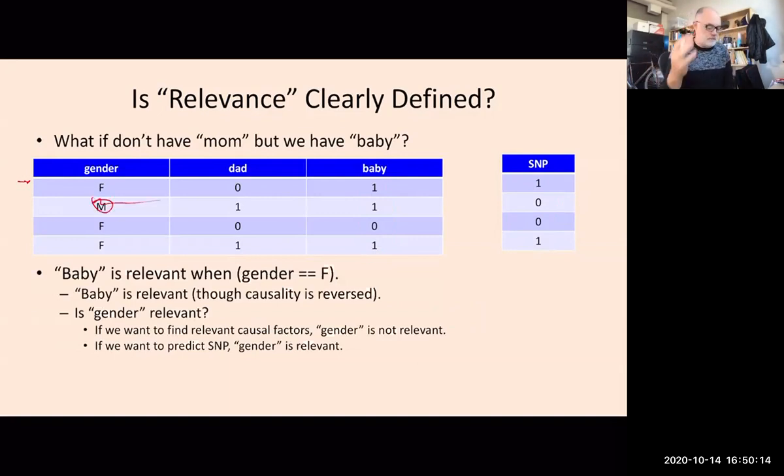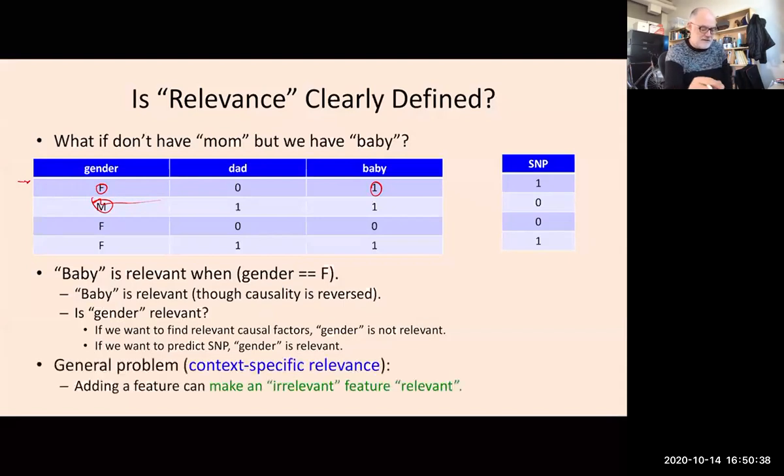Who cares? Baby is no longer relevant, right? But if the gender of a person is female and you know the genetic makeup of the baby, then you know something about the genetic makeup of the mother. So baby is relevant in this particular case, so the causality is reversed. And what's worse is it makes gender relevant when it wasn't before.